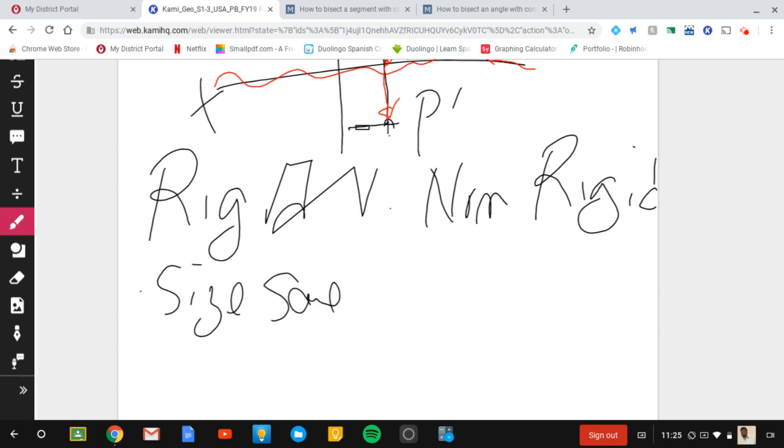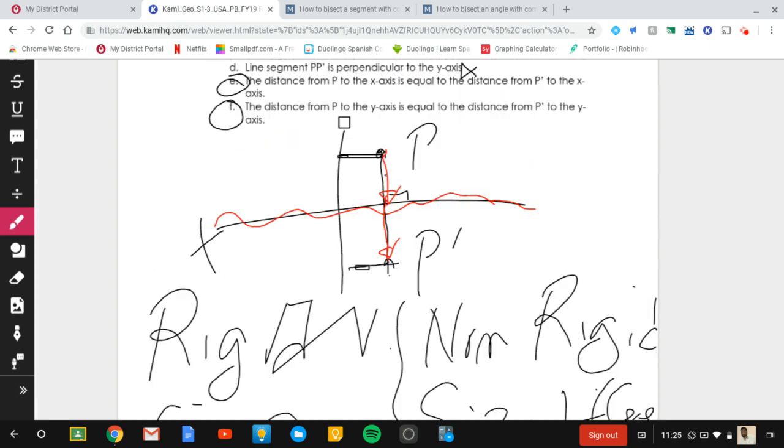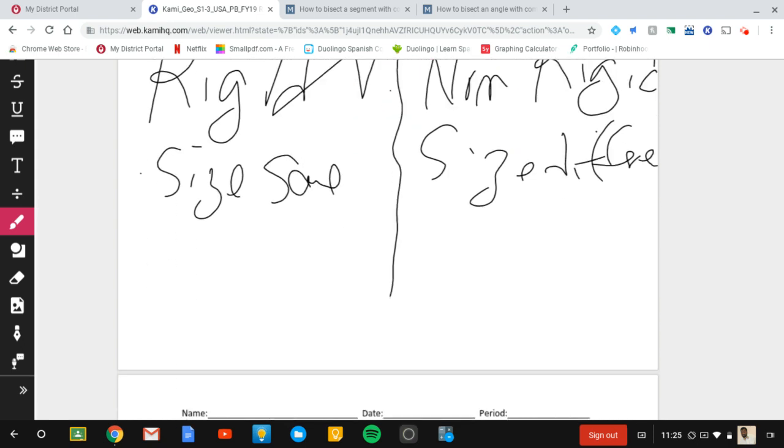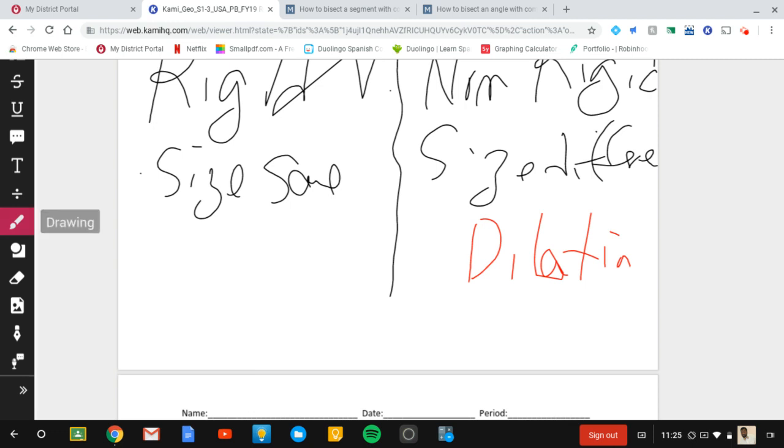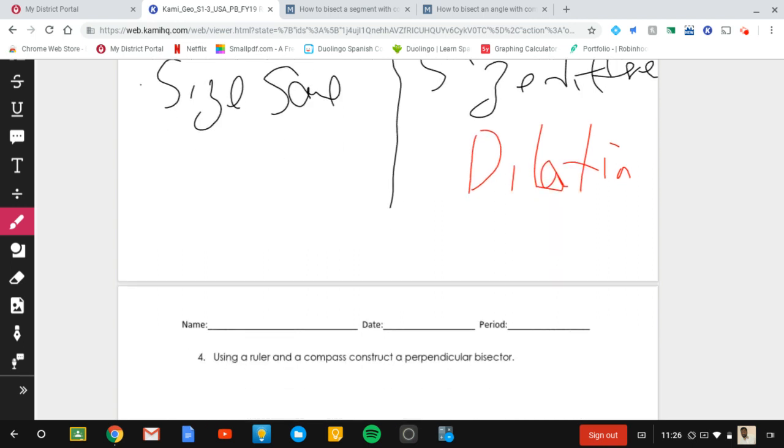Non-rigid transformation means size is different. If I were to ask you which one of my four transformations is a non-rigid transformation, you would happily say it is dilation. Because the other three, reflection, rotation, translation, are all what we call rigid transformations because they're only shifting position, but the size remains absolutely the same.